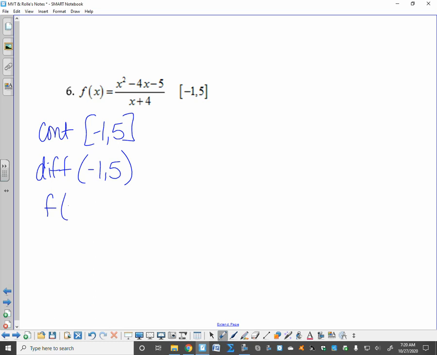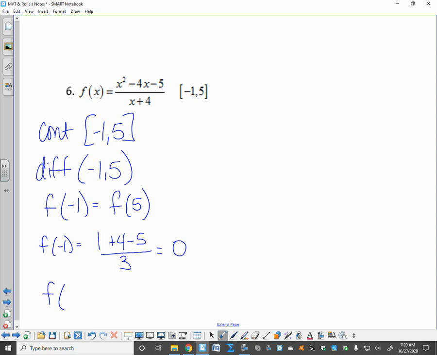And now I need to prove that f of -1 equals f of 5. So f of -1. All right, here we go. 1 plus 4 minus 5 over 3, 0. 25 minus 20 minus, oh, that was bad, minus 5 over 9.